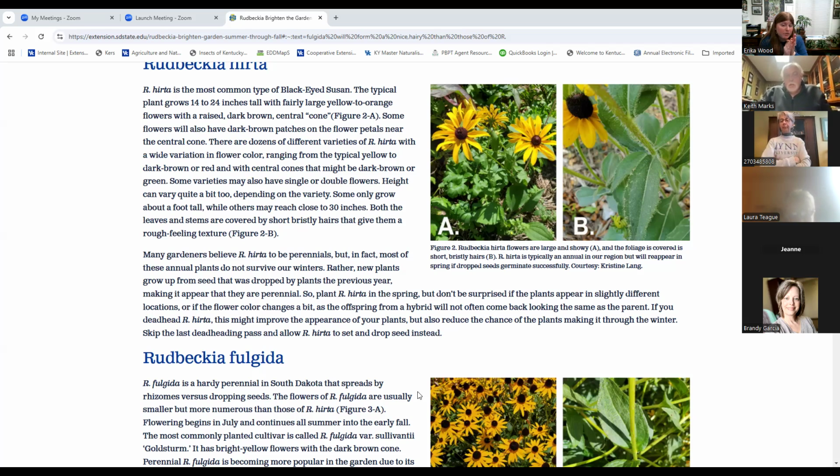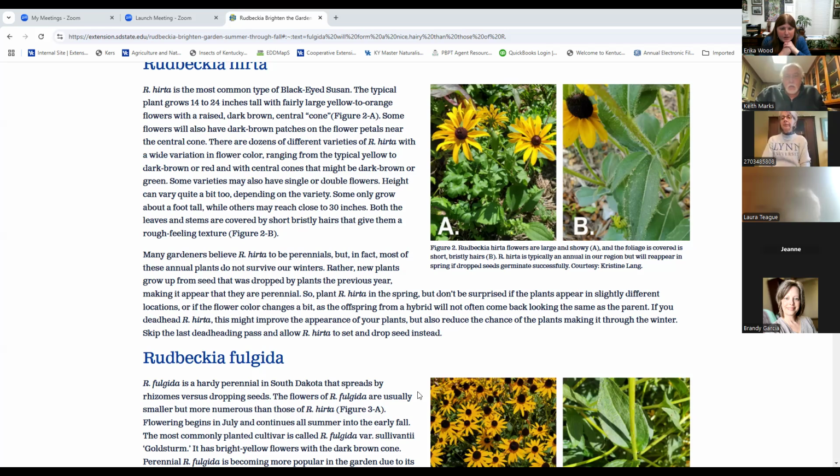Also, Rudbeckia fulgida is rhizomatous, so it spreads through rhizomes. It can still set seed, of course, and spread through seed, but it's definitely going to be aggressive in the garden.